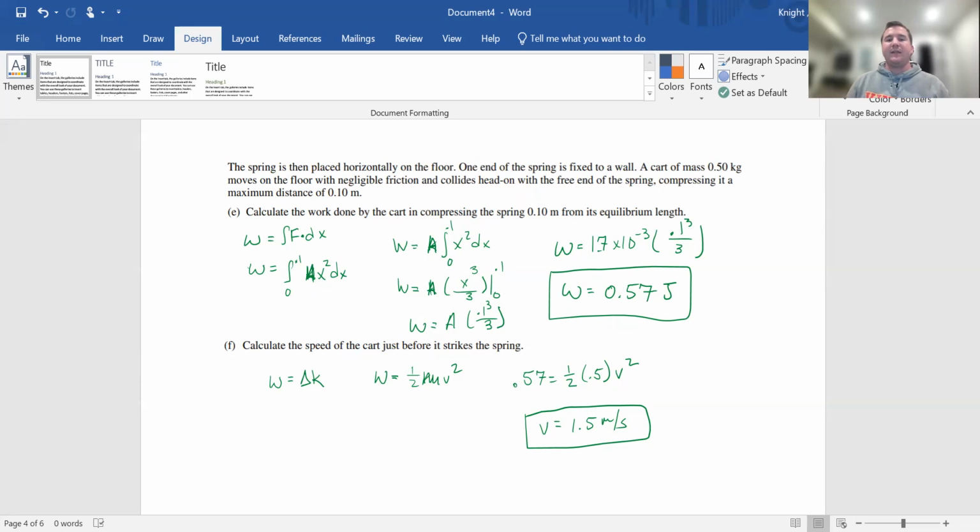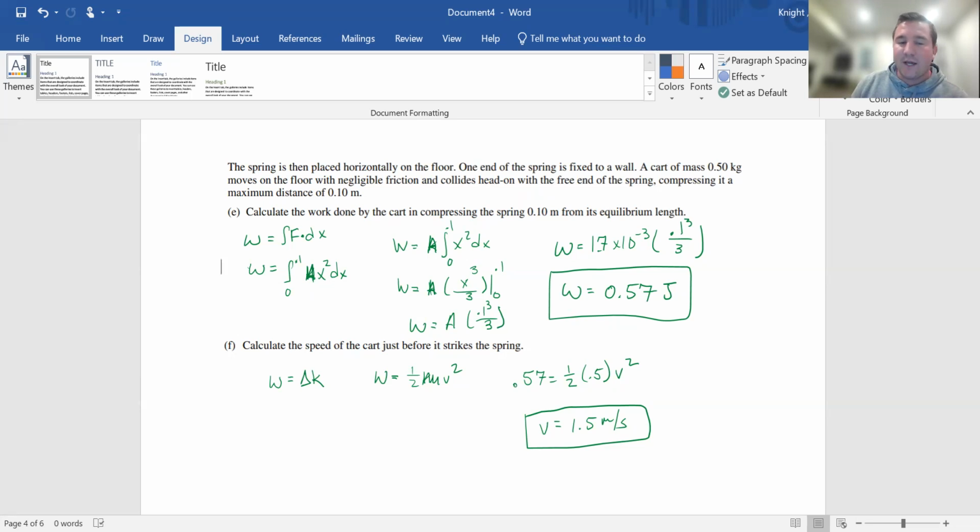in compressing the spring. This one was a little bit harder because our force is variable, right? In mechanics question number 1, we were calculating work, and we got to pull force out because it was a friction force and it was constant. This force is not constant. It varies with x squared.